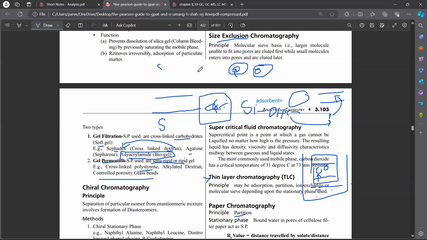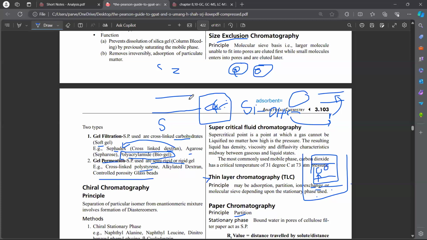And what is meant by silica gel GF254? Gypsum and fluorescent material. The fluorescent material which is used is nothing but zinc silicate.